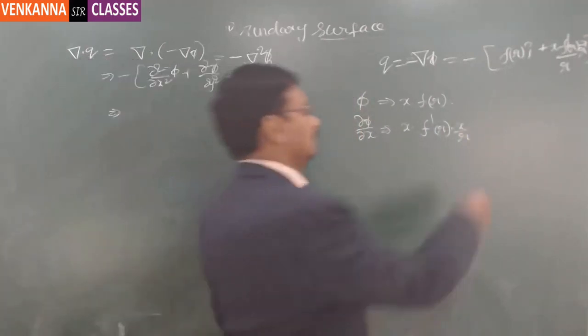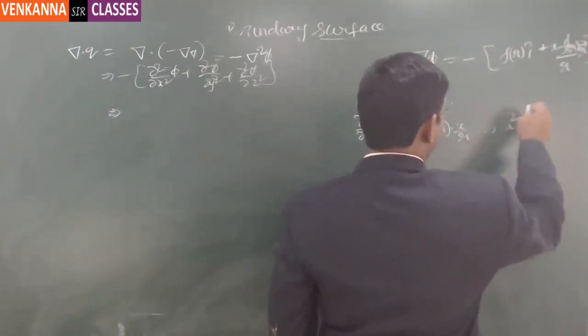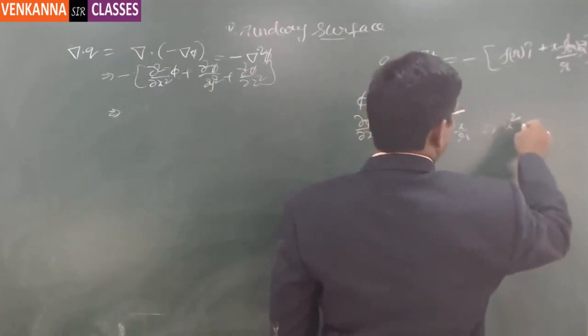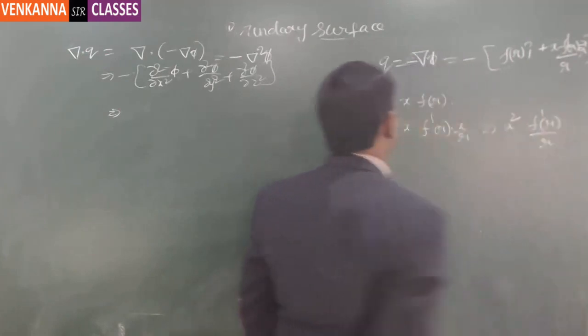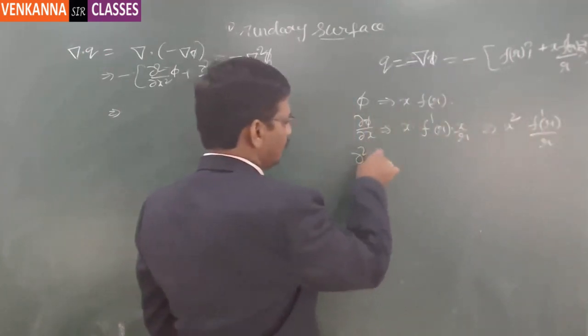This is x into f dash of r into x by r. So this is x square into f dash of r divided by r. Dou square phi by dou x square.